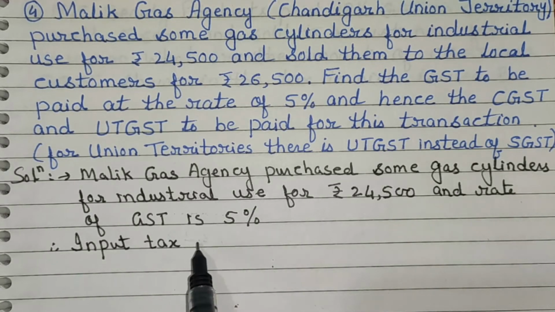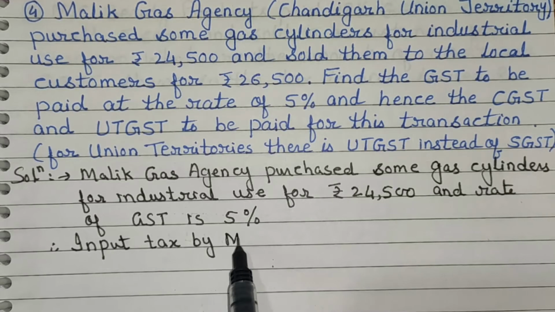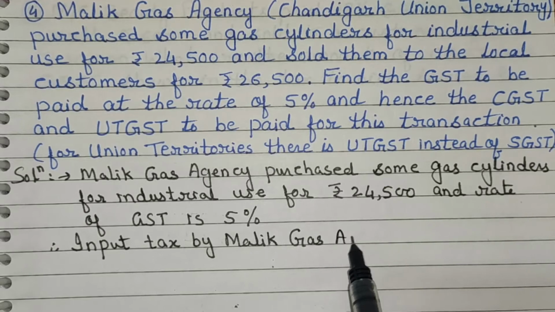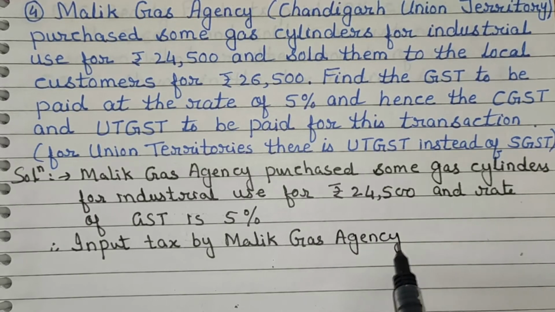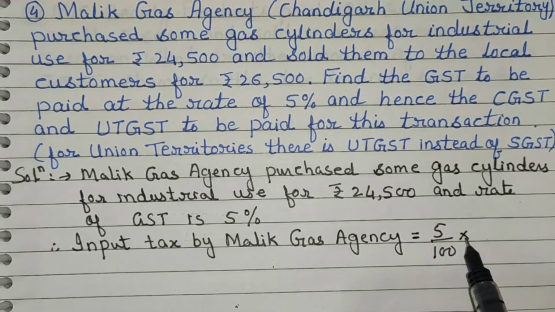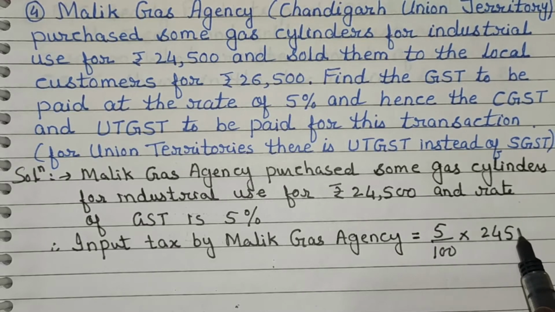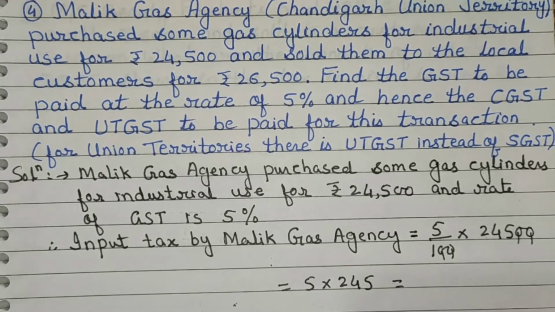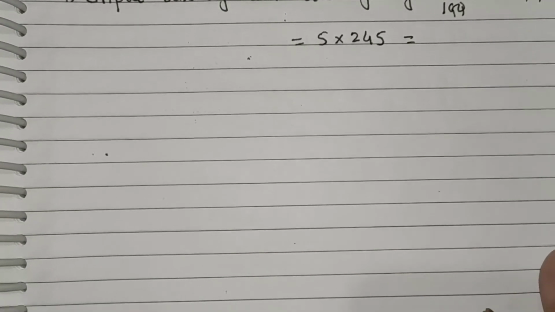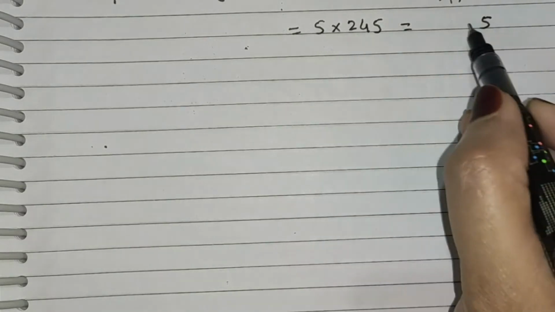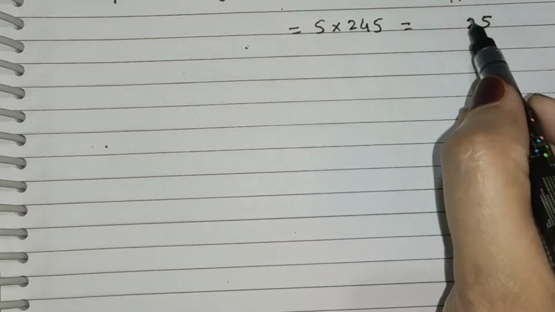Input tax by Malik Gas Agency is equal to 5% of 24,500. Now the zeros cancel. We get here 5 into 245. 5 5s are 25, 5 carry 2, 5 4s are 20 plus 2, 22, 2 carry 2, 5 2s are 10 plus 2, 12.